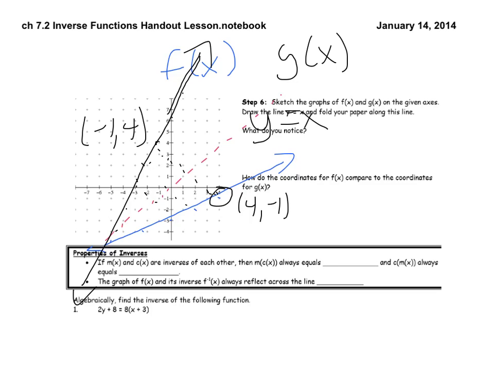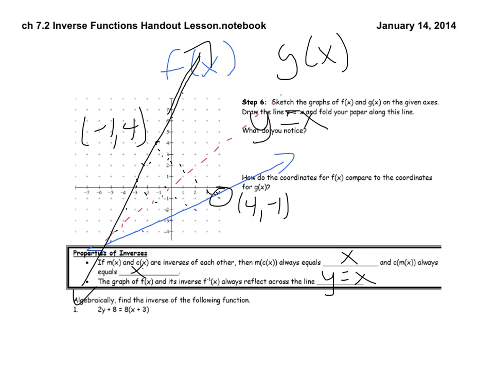Down here, you should end up with m of c of x equals x, and c of m of x equals x. The idea is that turning the x value into the y value, and then the y value back into the x value, because you do the function, then you do its inverse, you should end up with what you started with. And graphically, that means it reflects across the line y equals x.